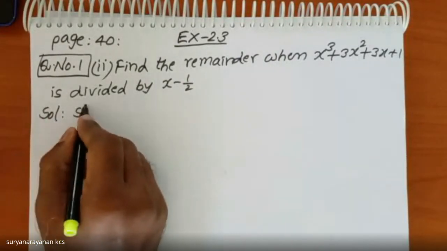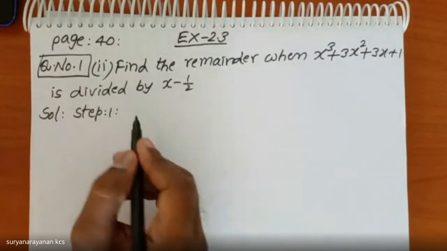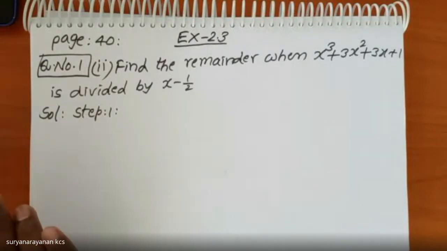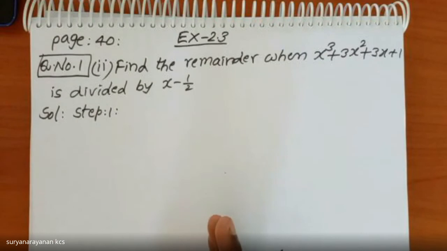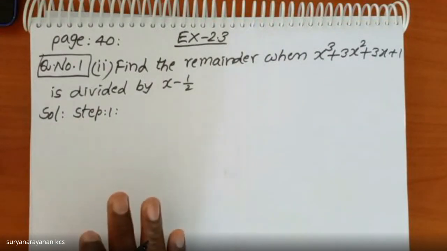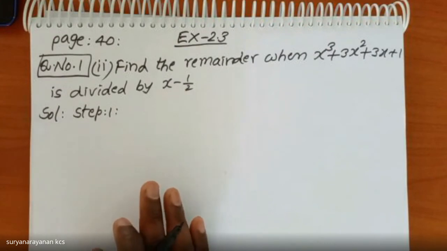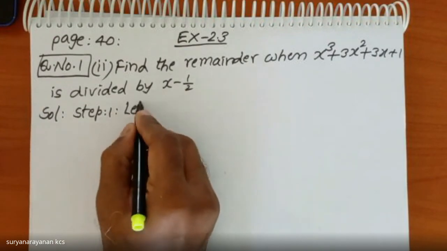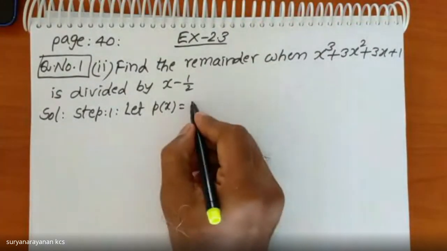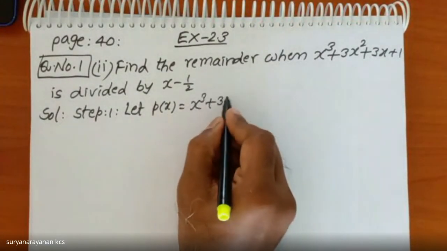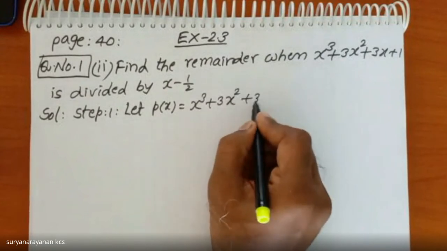What is step 1? Tell me. For every part in this question, follow the same 4 steps. The polynomial may be different, and the value of x may be different from question to question. What is the first step? Let p of x is equal to x cube plus 3x square plus 3x plus 1.